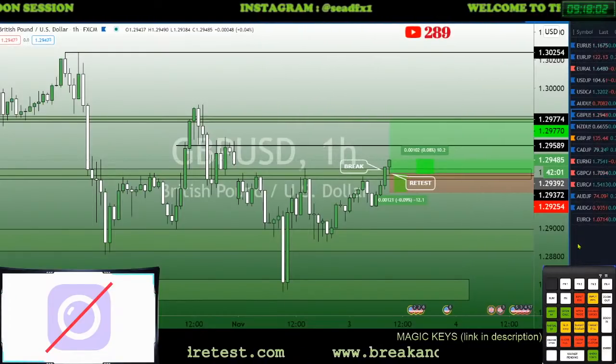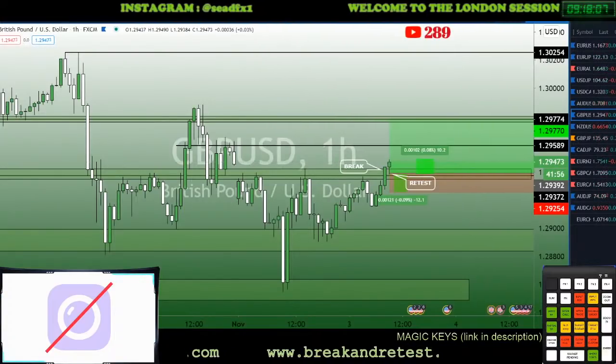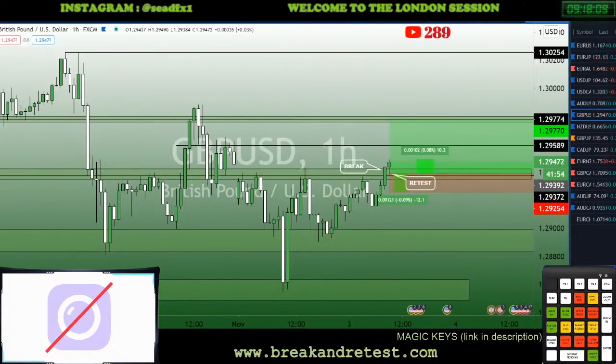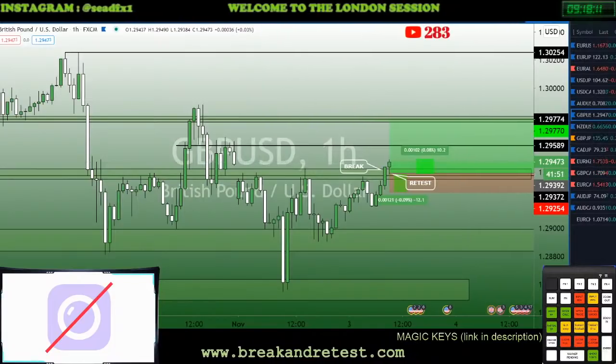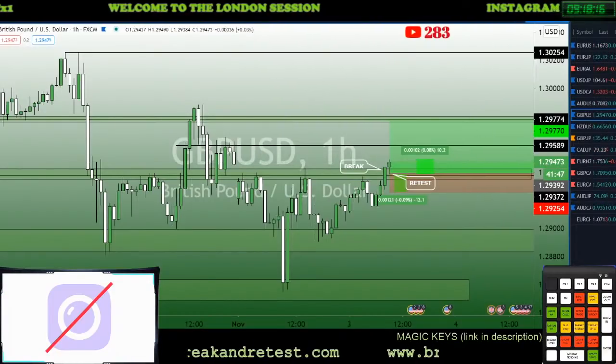On the copy trader I have 9 pips, so it needs more. I'm still gonna hold there. Still need a little bit more. Then we'll see. There's still room to push up.